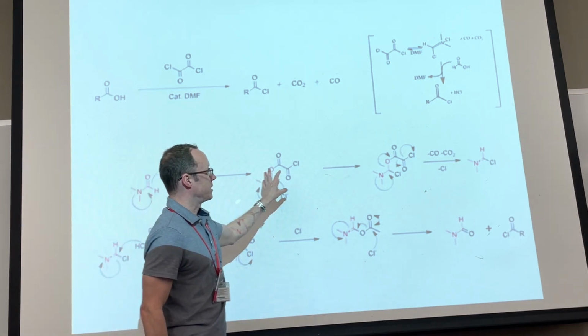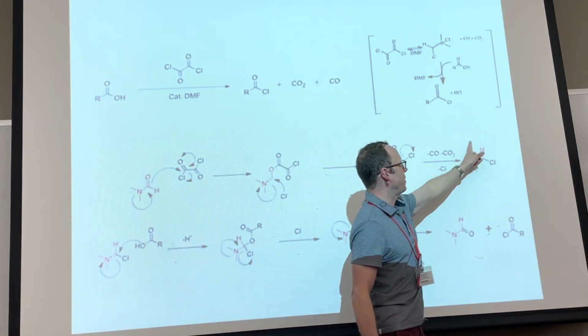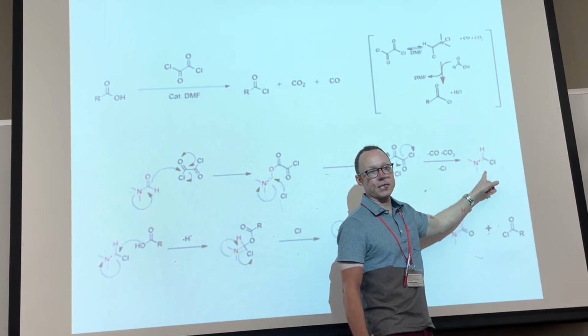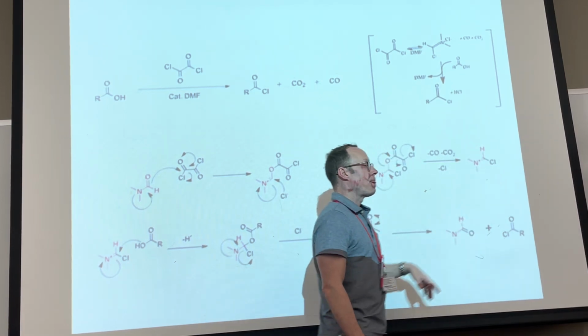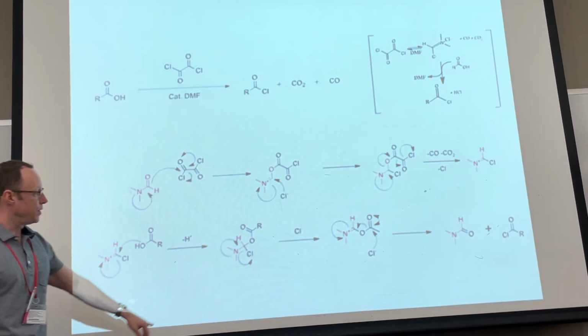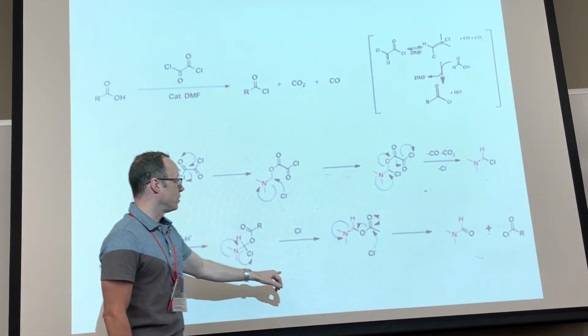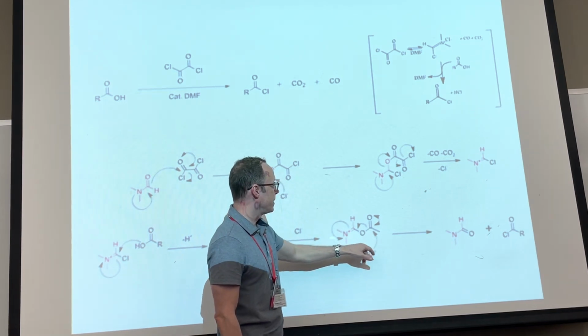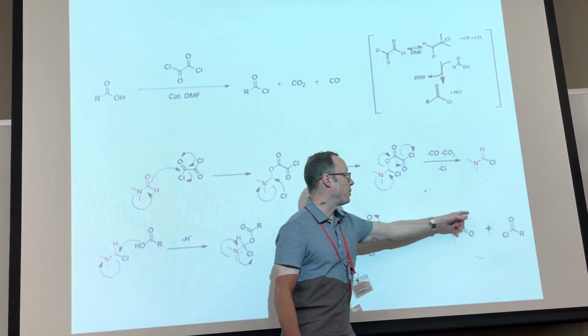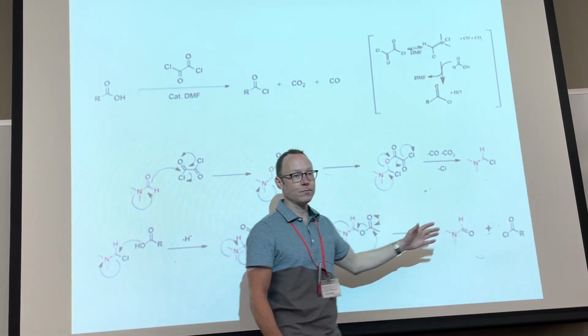Ultimately, through a series of steps, you end up making this thing. This is the actual reagent that the carboxylic acid is going to attack. Once the carboxylic acid attacks, it frees a chloride, which will ultimately come in here and attack. What that does is it liberates this thing, which gives you back the DMF catalyst. So it's a pretty cool mechanism.